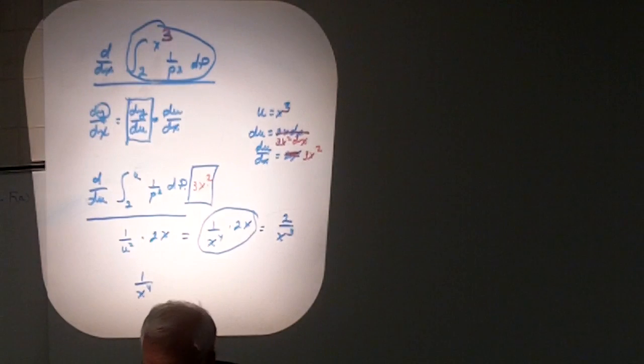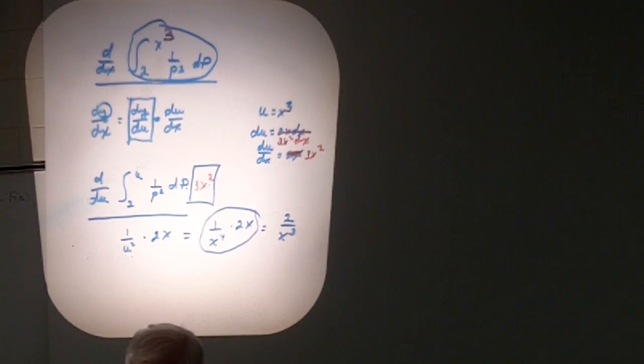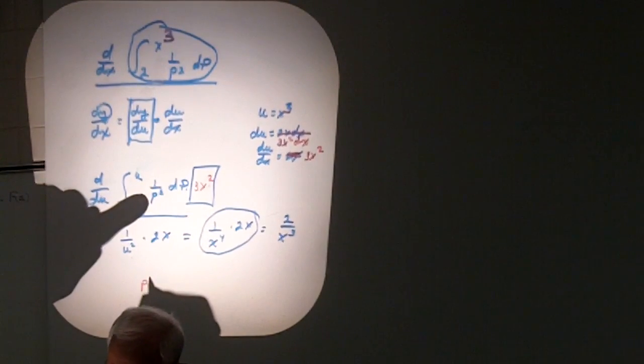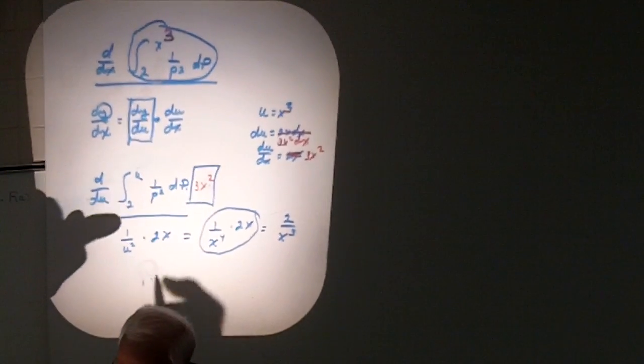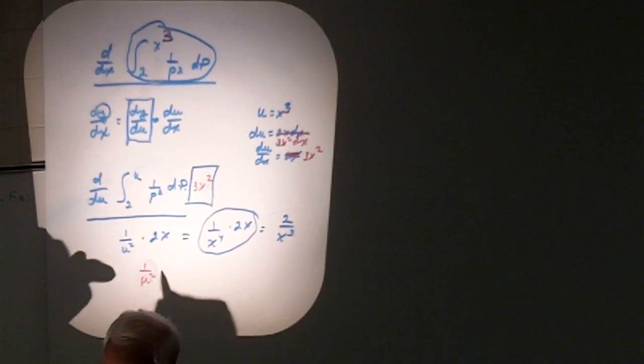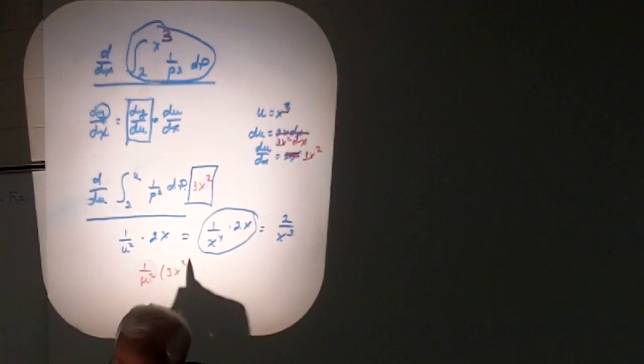Let me just have a little space at the bottom here. And so this turns into 1 over u squared, because of what we do here. And then this becomes 3x squared like this.